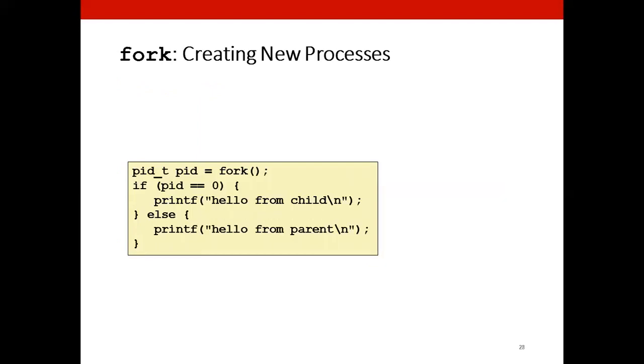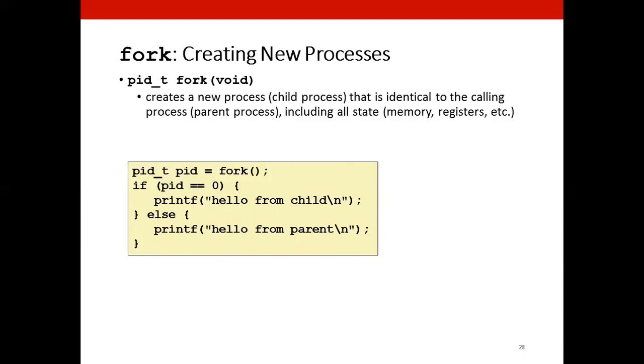So let us see fork in action. Fork is used to create new processes. When you call fork, it takes no parameters and it returns the PID, that is the process ID.